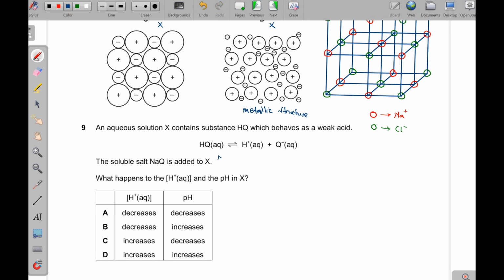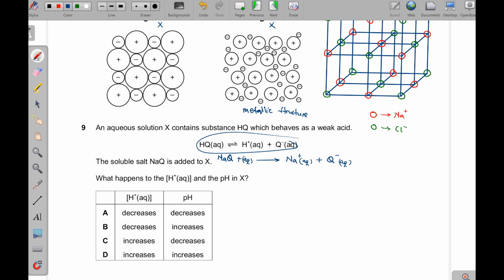Now when I put this salt here, the sodium salt is going to dissolve completely. Okay, so it is going to split into its ions here. This will be aqueous, and this one here also Q minus aqueous.